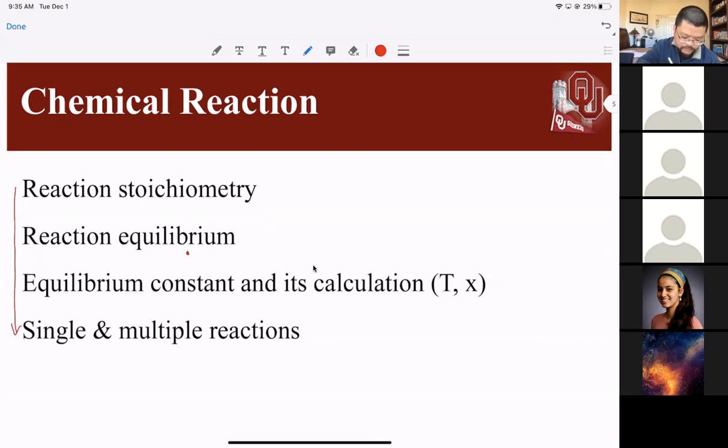And then one other interesting question is, does that equilibrium change if I have a fixed temperature and pressure, but now have more methane to start with, instead of 1 mole, 10 moles? Does that change my equilibrium constant?